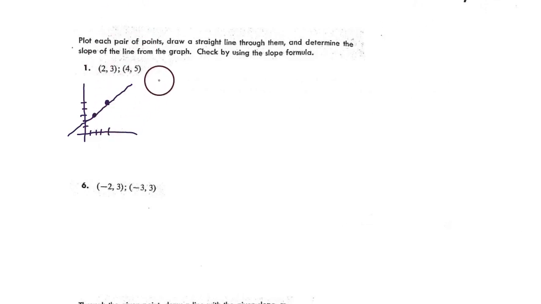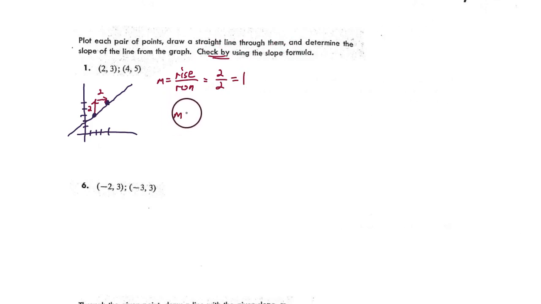So slope is rise over run. From this dot, you rise 2 units and you run 2 units. This makes 2 over 2, which reduces to 1. Now we're asked to check our answer using the slope formula.